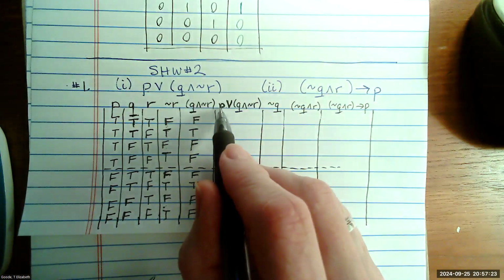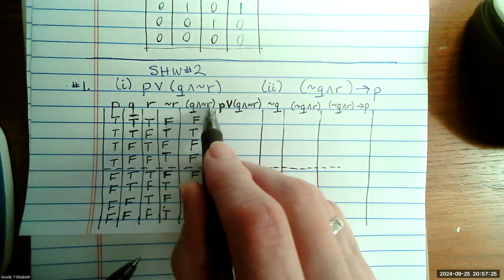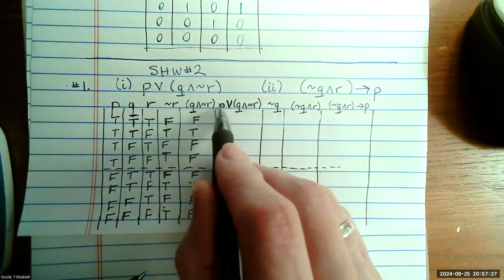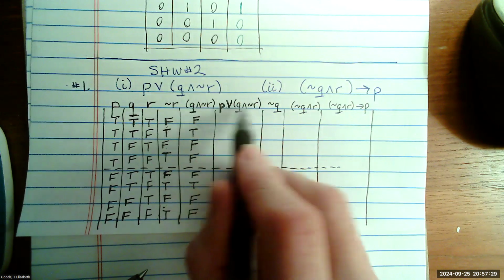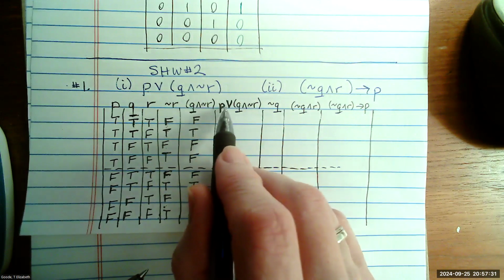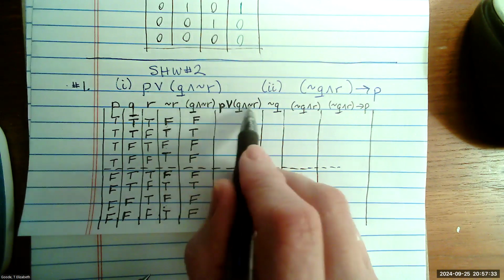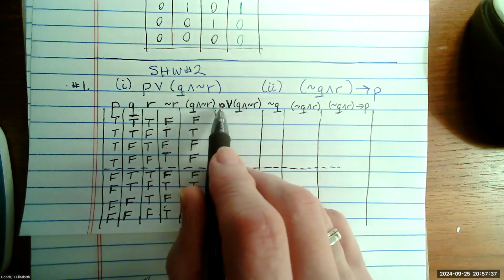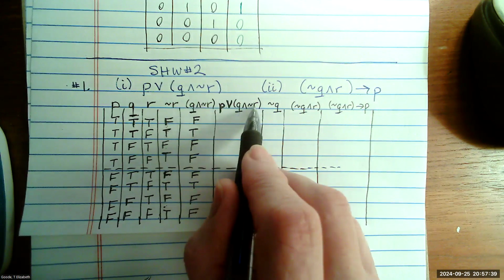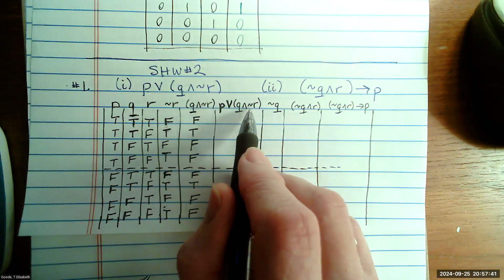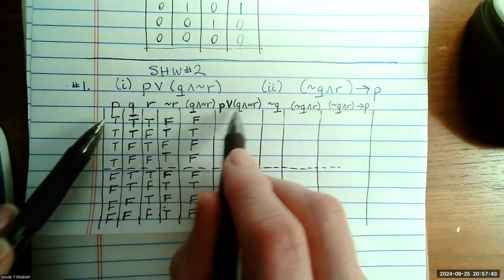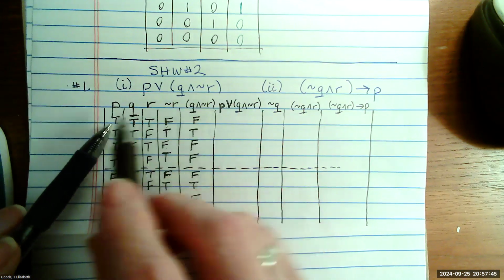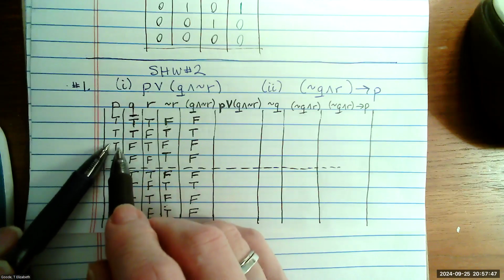So P is one of the components. The other component is Q ANDed with not R. If either one of these or both, it's the inclusive OR, not the XOR, not the exclusive OR, then the OR statement is true. Got it? Okay. So let's look at rows 1, 2, 3, and 4.